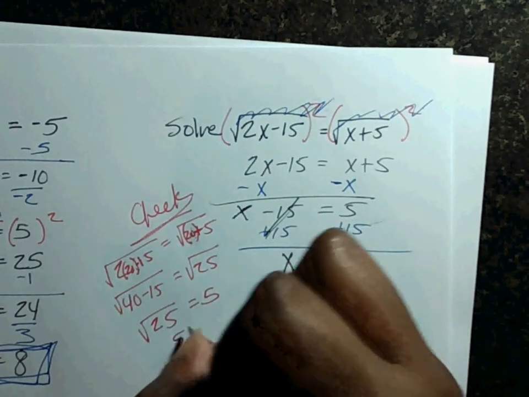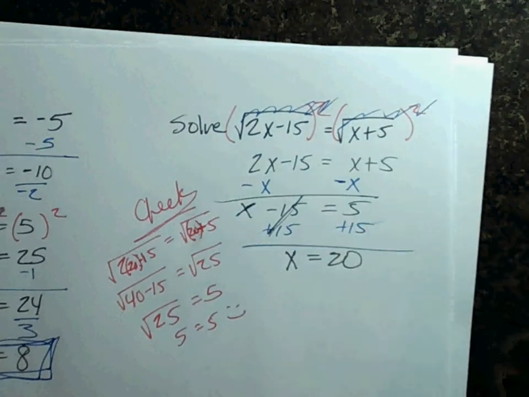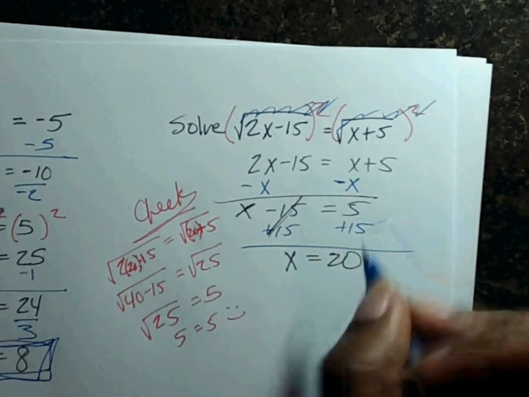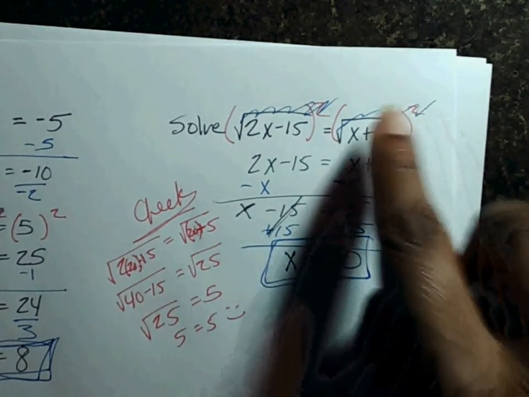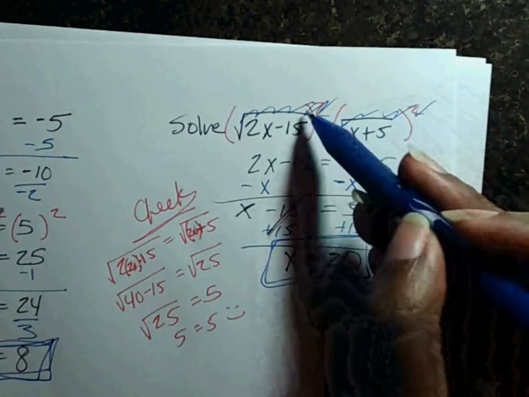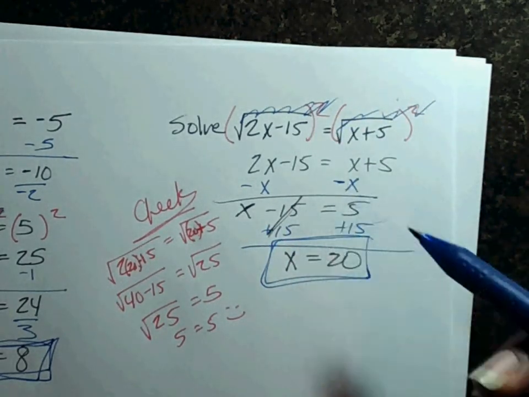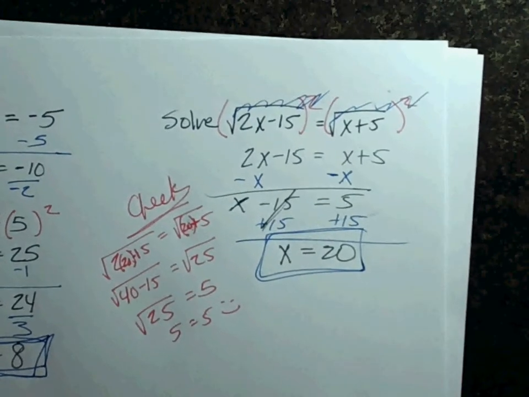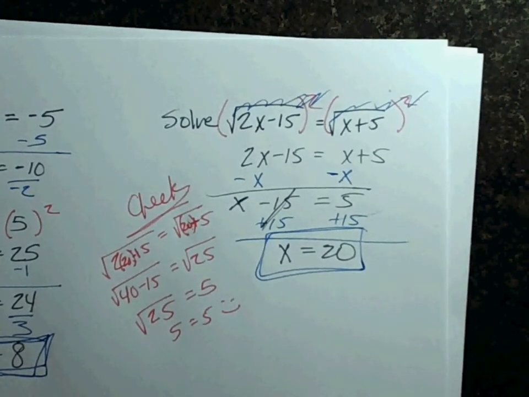Square root of 25 is 5. 5 equals 5. I'm happy. This is my answer. Look how, like, guess what? 1 step, 2, 3 steps. Told you, man, these are the easiest problems.